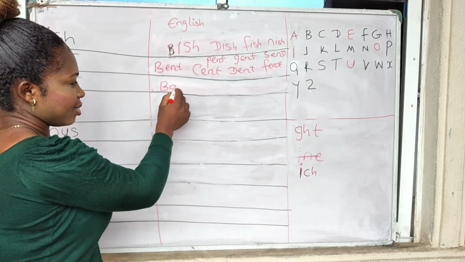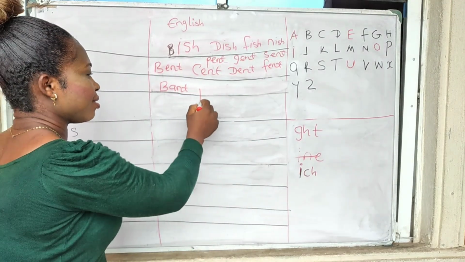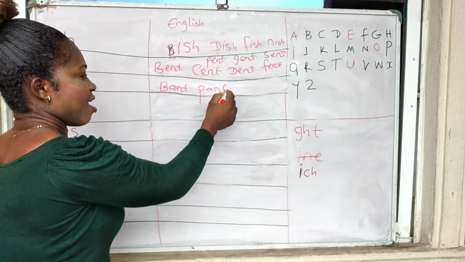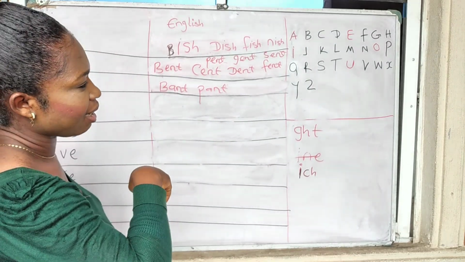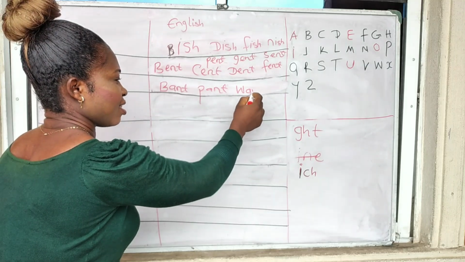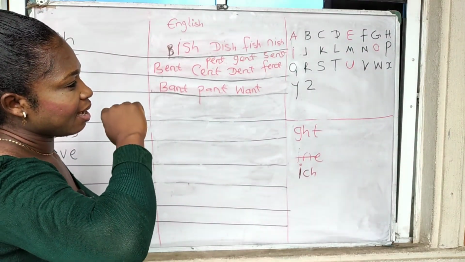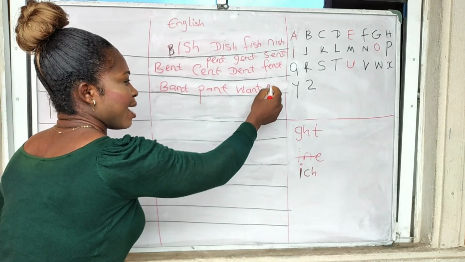I have pant. If I choose letter P, I have pant. If I choose letter W, I have want. If I choose letter M, I have month.